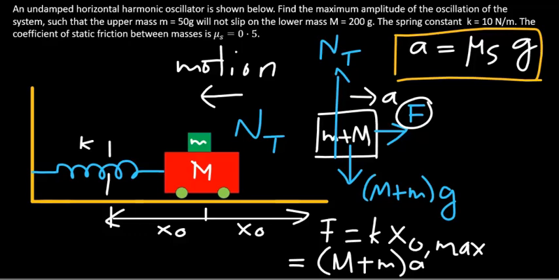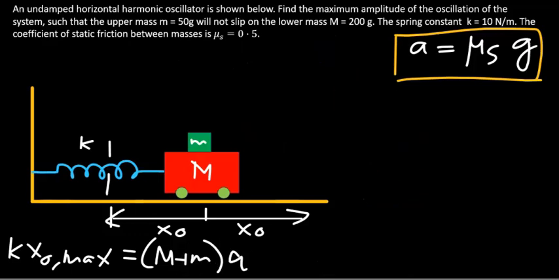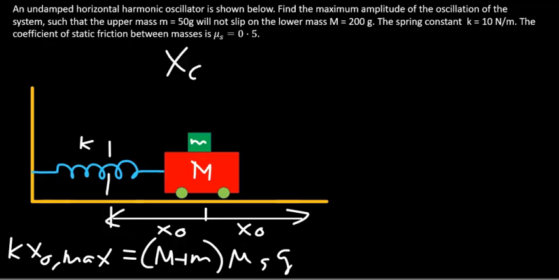So let's equate these two terms. K times maximum amplitude, which is what we want to find, equals capital M plus little m times acceleration. However, acceleration has been determined in terms of known quantities, so we can replace this a here with just that. And now we can solve for that maximum amplitude.